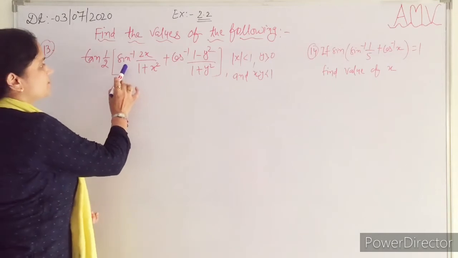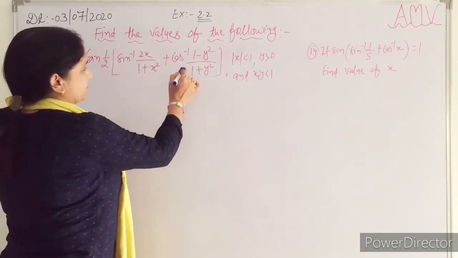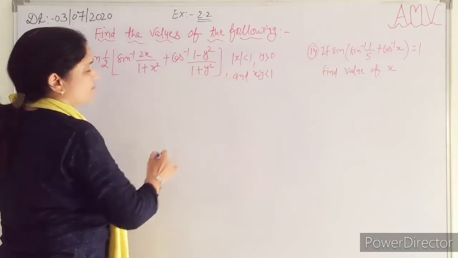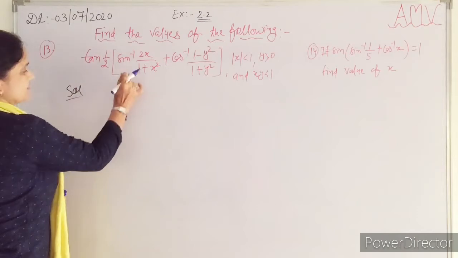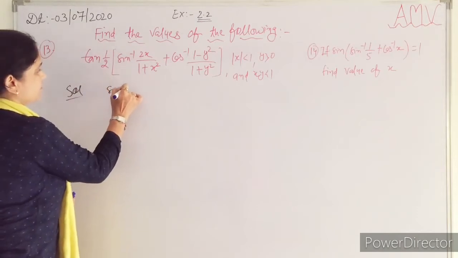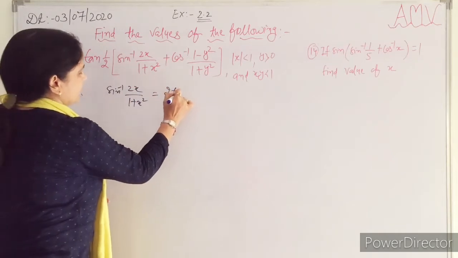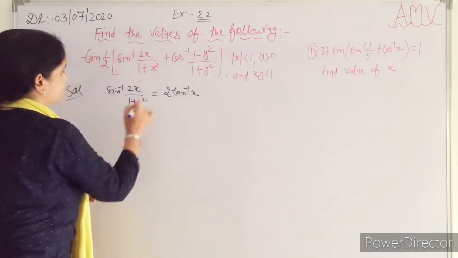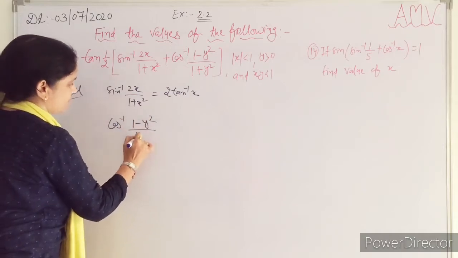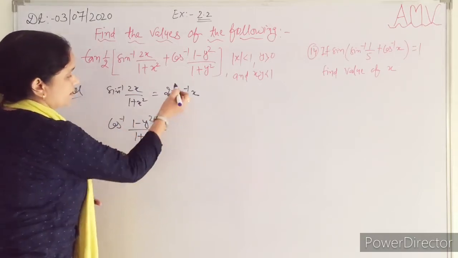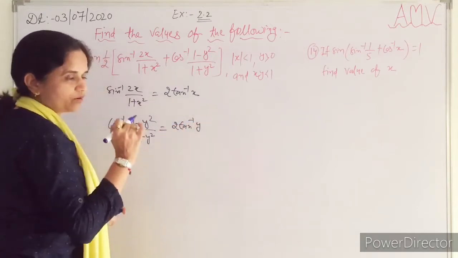The question is tan of 1 by 2 sin inverse 2x upon 1 plus x square plus cos inverse 1 minus y square upon 1 plus y square. Students, you know that it is the formula of 2 tan inverse x, and cos inverse 1 minus y square upon 1 plus y square is 2 tan inverse y.